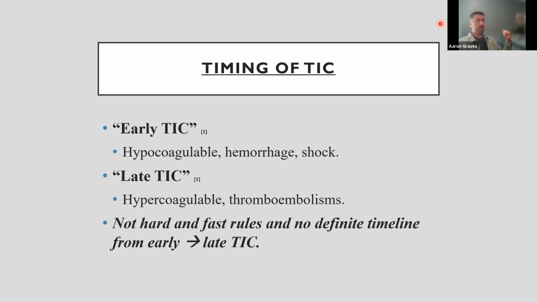That is to say, early TIC tends to look like hypocoagulability, hemorrhage, shock, whereas late TIC is more associated with hypercoagulability and the presence of thromboembolisms resulting in organ damage, large PEs, DVTs, things of that sort. But as I mentioned before, these are not hard and fast rules, and different coagulopathies can occur at different states, sometimes unpredictable, without being able to be easily predicted.